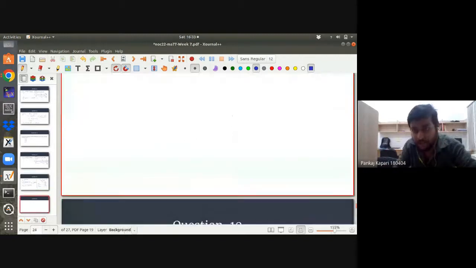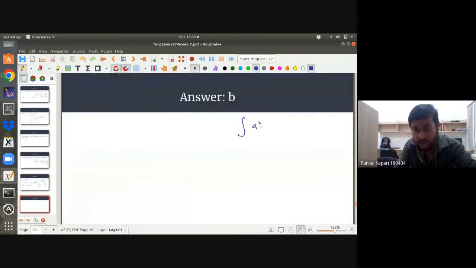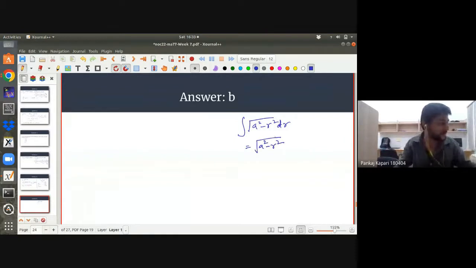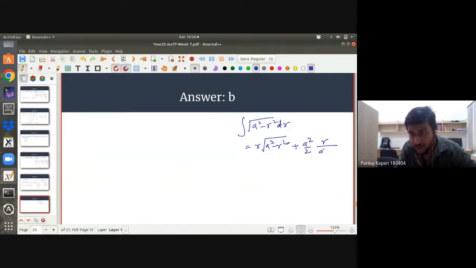The integral of a square minus r square under root dr is just equal to r times a square minus r square under root plus a square by 2 times r divided by a square minus r square.